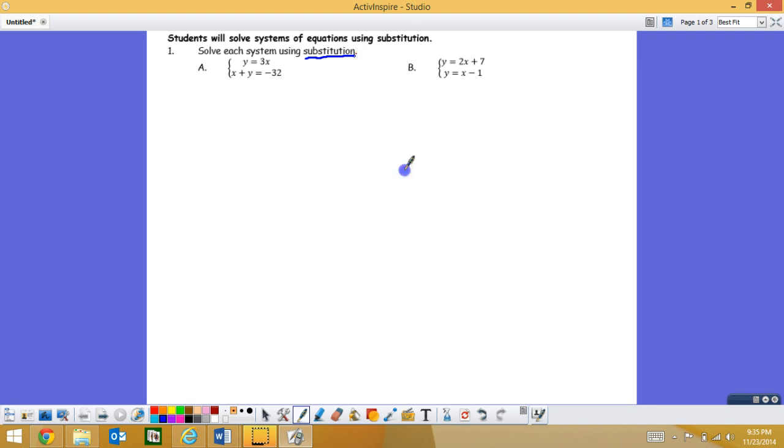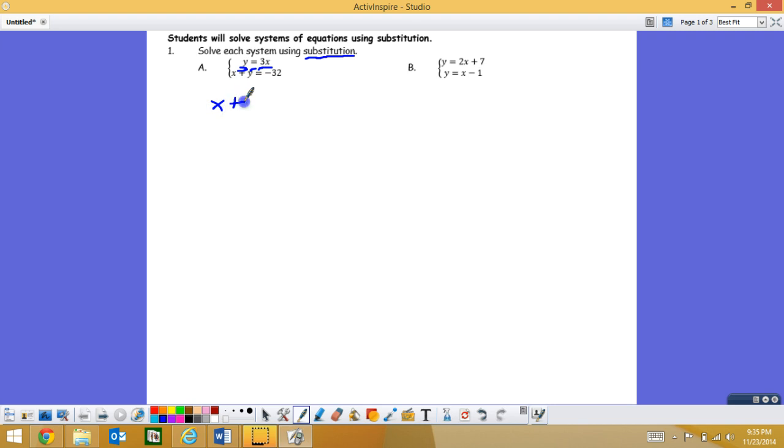For example, in A, y is already by itself, so we're going to take what y is equal to, the 3x, and substitute it in for y in the other equation.